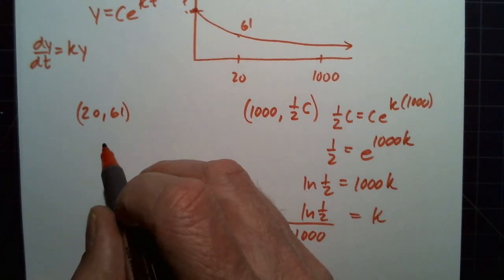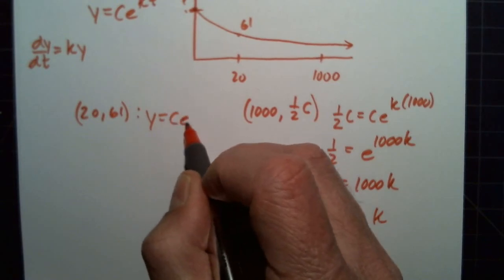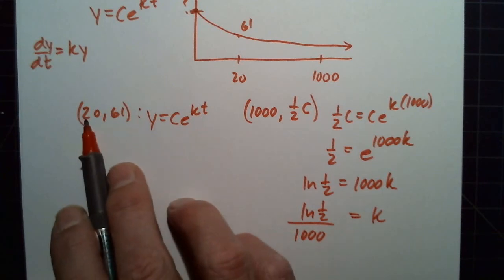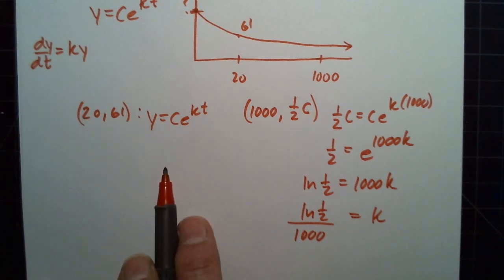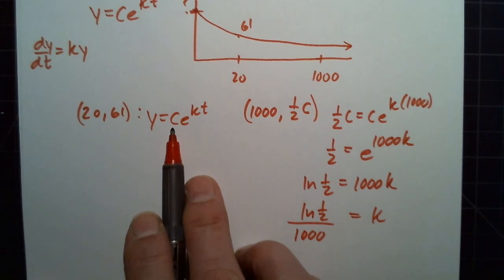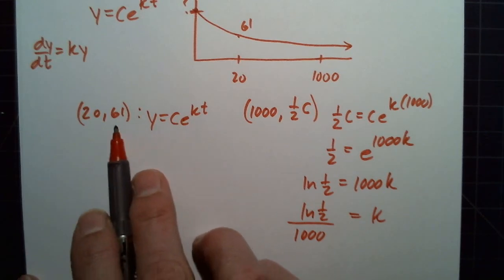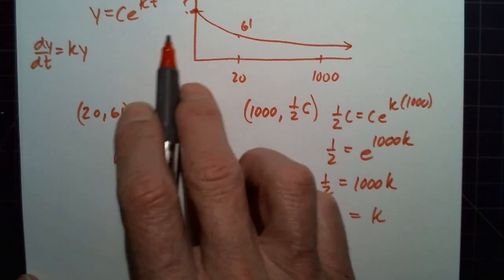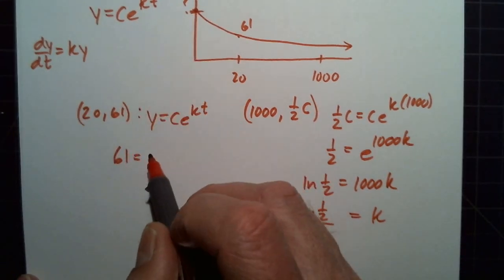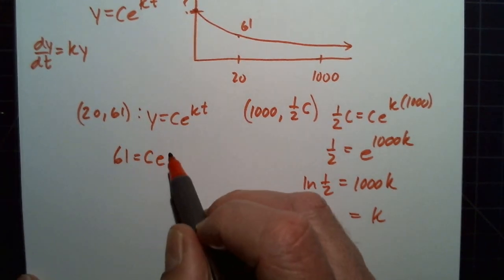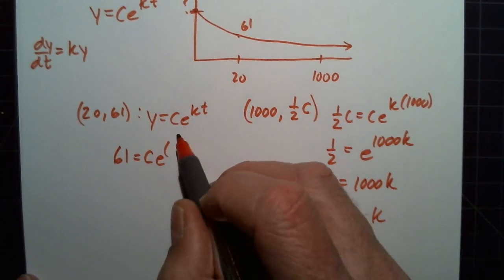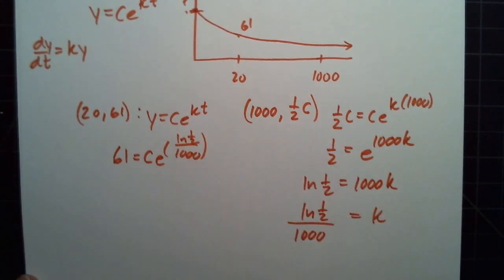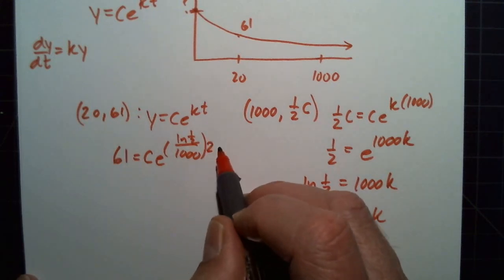And we could use that over here with this condition. If we have y equals C e to the kt, we have a y value, we have the t, we have k, and then we can solve for C. So the y value is 61. C is the initial amount that we're going to find. That's what the question asks for. k is ln(1/2) over 1,000, and t is 20.